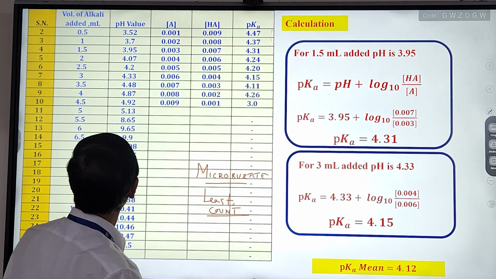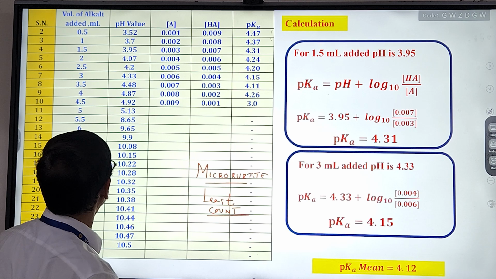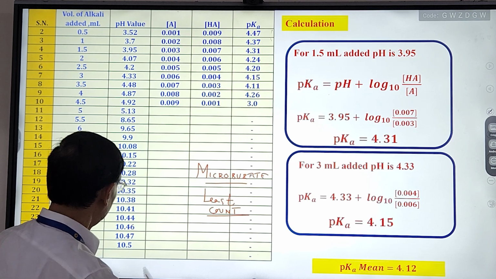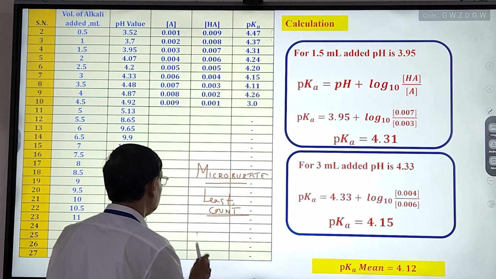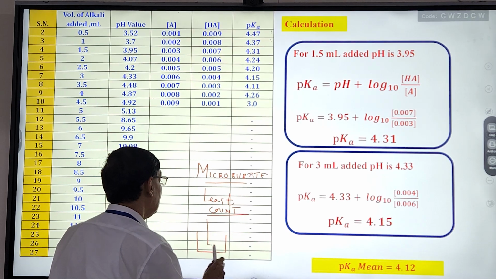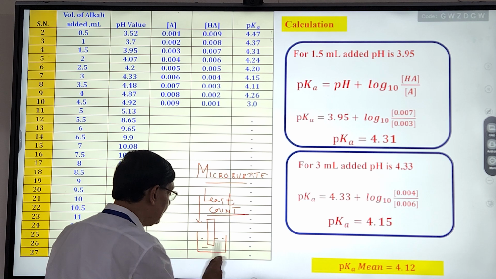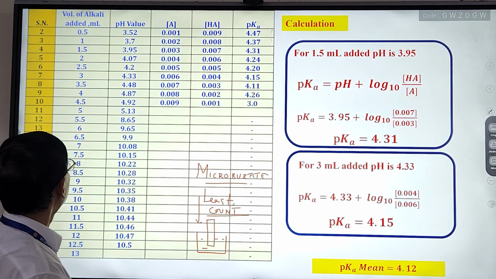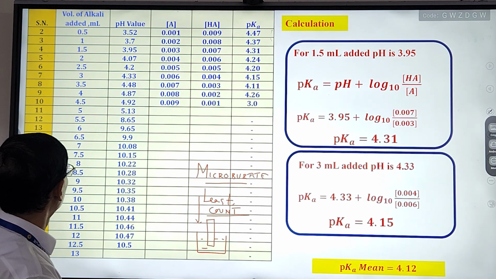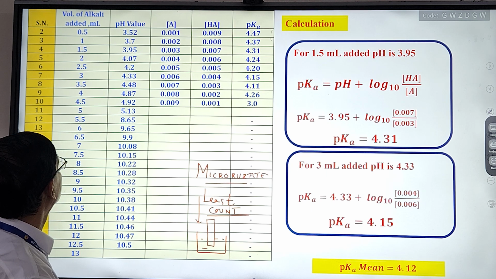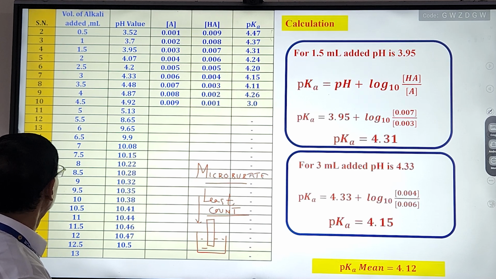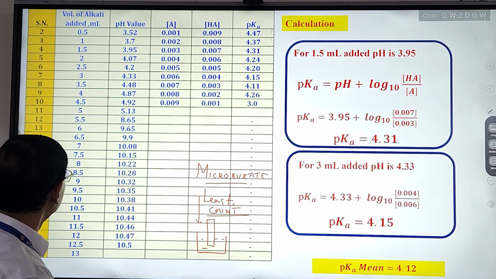Generally, because you are doing this experiment for the first time, proper stirring is required. Suppose this is your electrode, and there is solution, there is a burette, so just stir it. Or even you can take 2.5, 2.75 like that, 0.7, 1.75, 2.25, 2.3, 2.8, like 2.9.